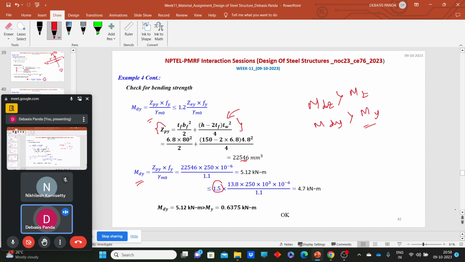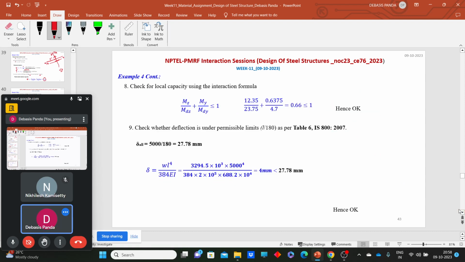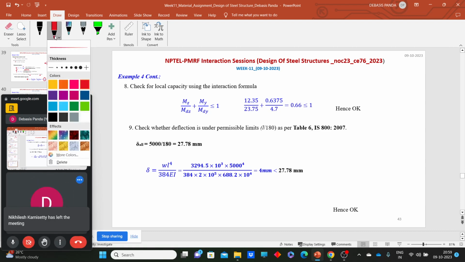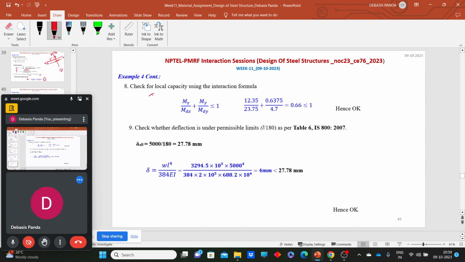Now we need to check for the shear capacity and deflection capacity, and also the combined effect. First, using the interaction formula, we need to check the combined bending moment with respect to the z axis and the y axis.